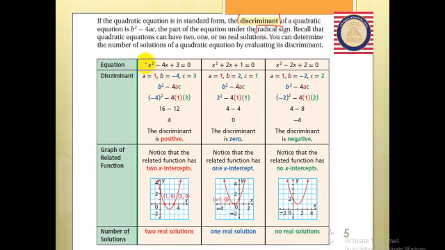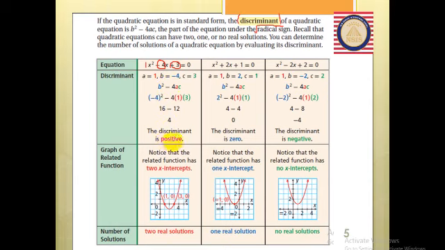What is A? A is 1, B is negative 4 and C is plus 3. So I substitute in the discriminant, the expression under the radical sign, b power 2 minus 4ac. Very good. So it's 4.